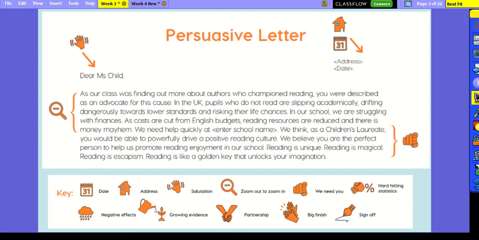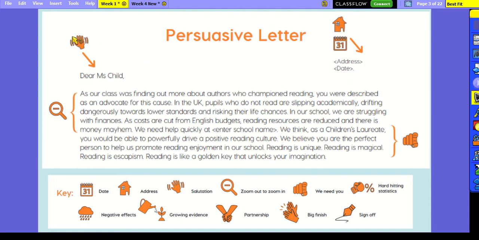So our first shapes of a persuasive letter are here. We have the address and the date, and they go at the top of every letter. So we might have BIS Hanoi, Vinhomes Riverside as our address, and the date as Monday the 22nd of February.